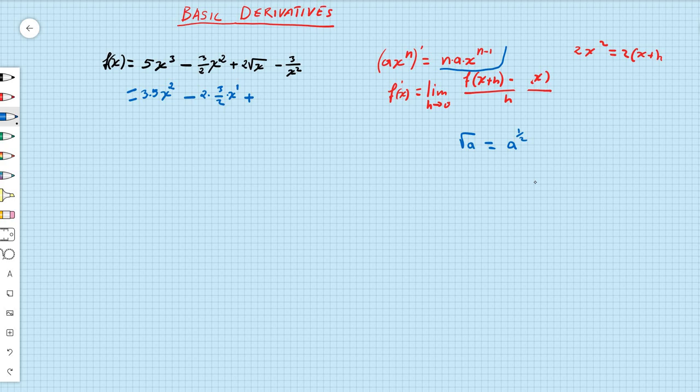So we can use the same thing here. Let's work it out first. 2 square root of x equals 2 times x to the power of 1/2, right?